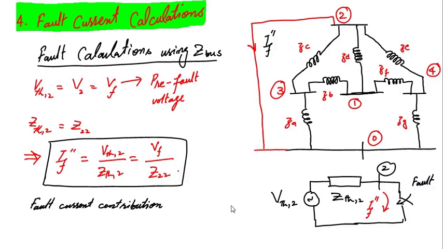Now, fault current contribution. As we can see, this fault current IF double dash is flowing out of bus number 2 into the reference. So definitely it is being contributed from the buses adjacent to 2. That means fault current is contributed from buses 3, 1 and 4 towards bus 2, and you can see here these are the three contributions: I32, I12 and I42.